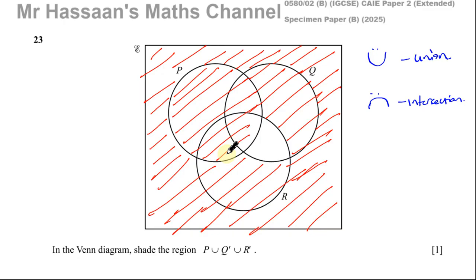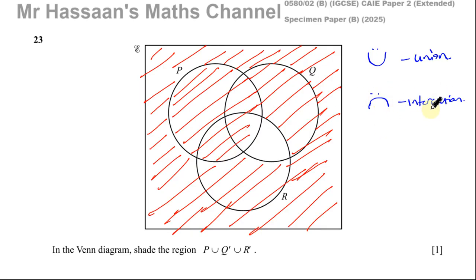That's with union. With intersection, you have to make sure that it's included in both or all of the things mentioned for the intersection, which is a slightly different case. You'll see some examples of other cases with intersection in the playlist that I will link towards the end of the video.